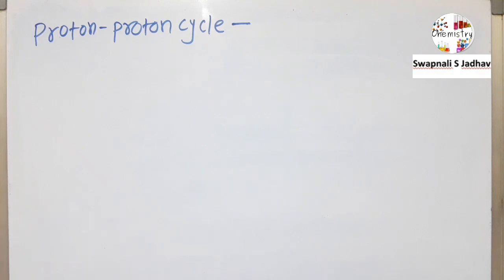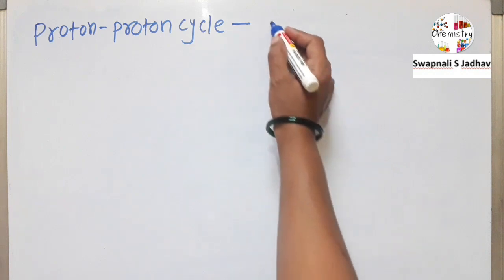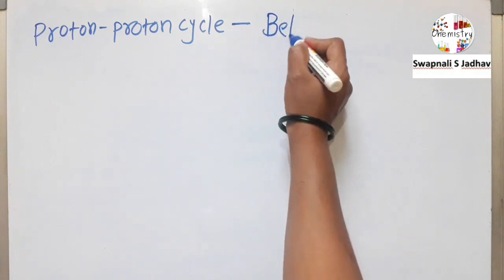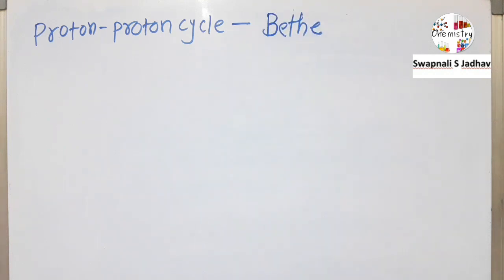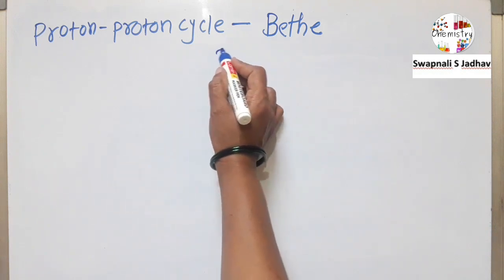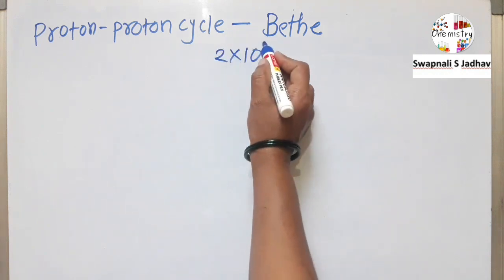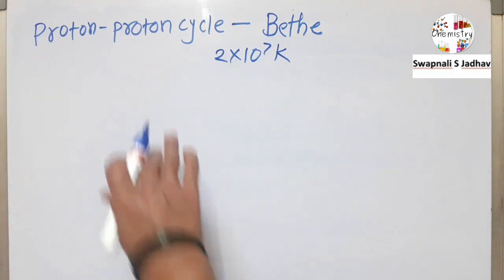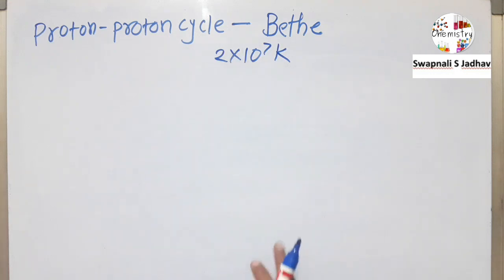So proton cycle was given by scientist Bethe. Which scientist was given? Bethe. So according to him, the energy of sun appears to be generated by proton cycle, where temperature is about 2 into 10 raised to 7 Kelvin, because for fusion reaction high temperature is required.